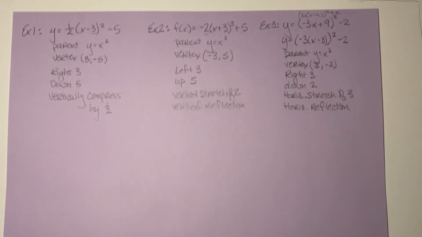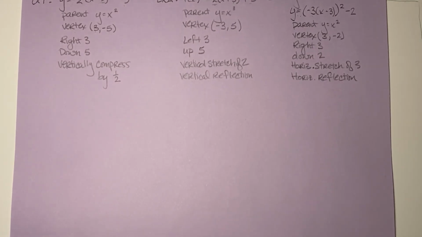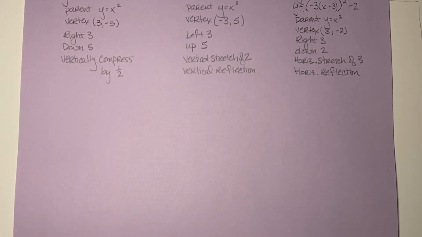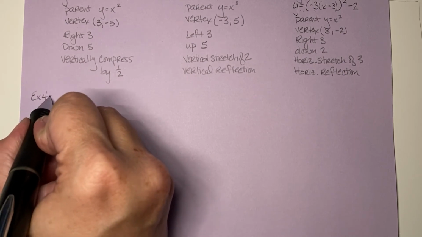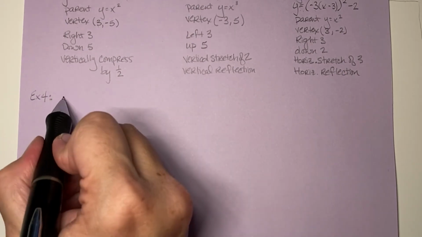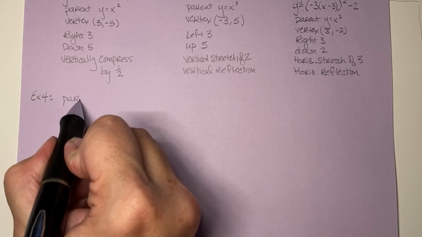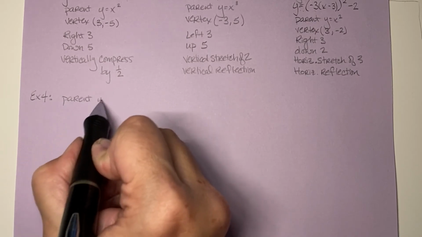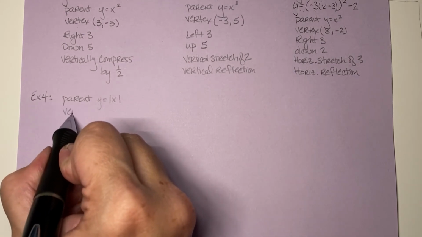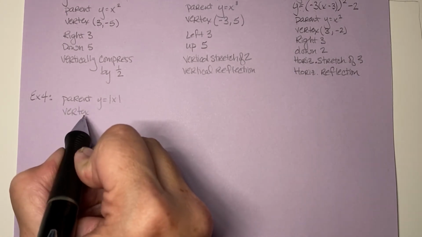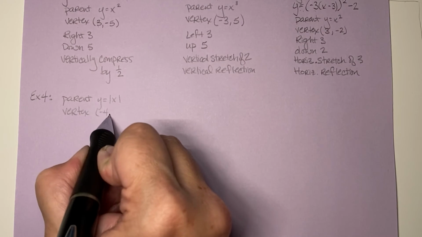All right, for the next set of examples, I'm going to give you different aspects and you're going to write the equation for the graph. Here our parent function is y equals absolute value of x. Our vertex is (-4, 6).